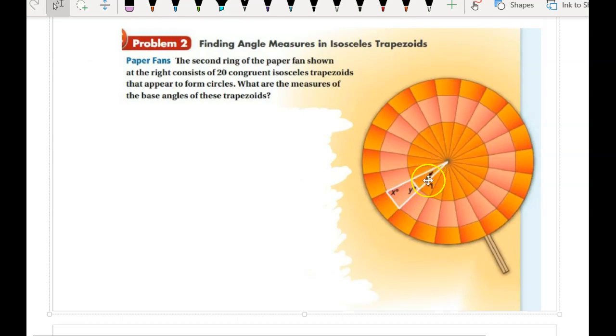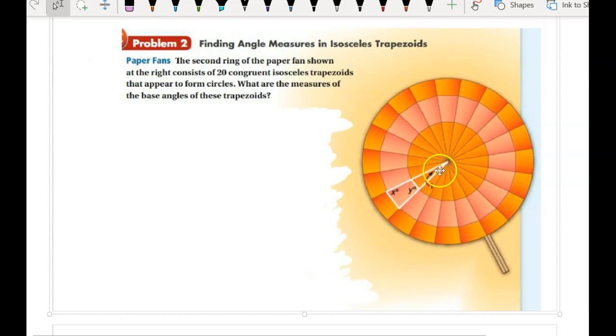Then I have this angle 1, and, oh wait, this seems to form a triangle, and not only does it form a triangle, it is an isosceles triangle. So I'm going to be able to use that.